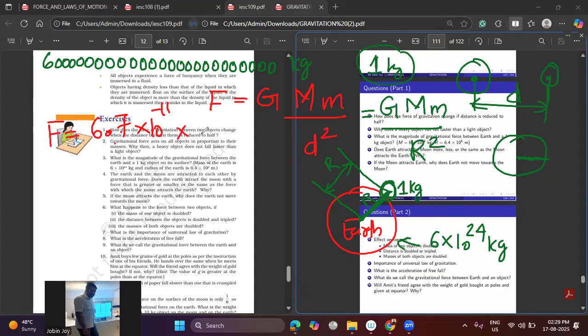Capital M means mass of the Earth in kilogram. So 6 into 10 raised to 24 into small m, the mass of the object, 1 kilogram, the whole divided by what is the radius of the Earth? Radius of the Earth is 6.4 into 10 raised to 6.